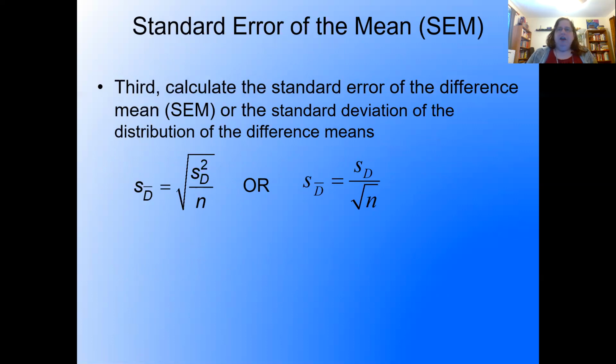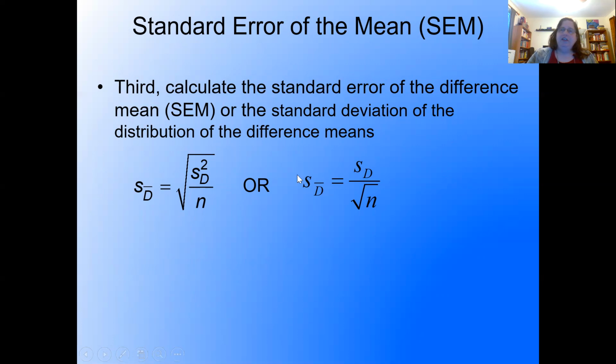Now that we have that value, we can go on and calculate the standard error of the difference mean, or the standard deviation of the distribution of the difference means. So we're going to get our SEM. Okay. So if I have a variance, if I have an S squared D, which is what I just calculated, then I'll use this formula on the left. If I just have a standard deviation for the difference scores, I'll use this formula on the right.